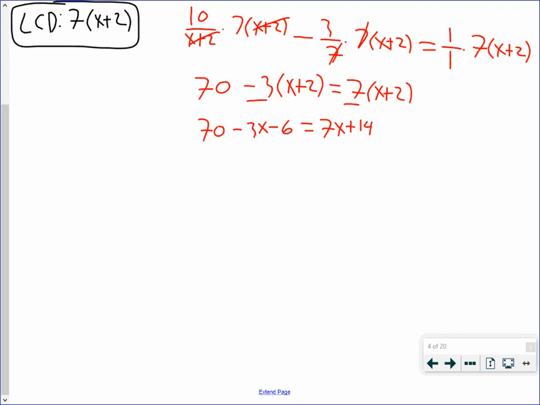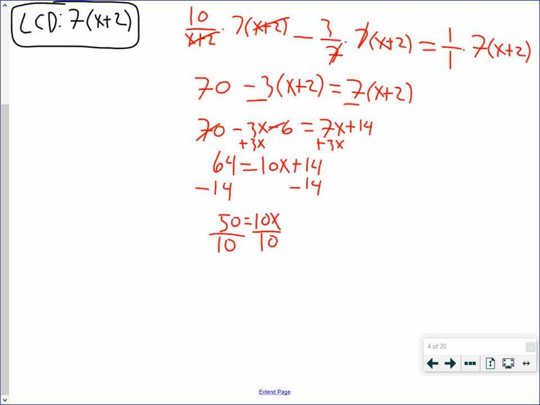I can add the 70 and this negative 6 to give me 64, and add this 3x to the other side, and I get 64 equals 10x plus 14. Then I just minus that 14 over, and I get 50 equals 10x. Divide by 10 on both sides, and I get that x equals 5. So that's really ugly. x equals 5.